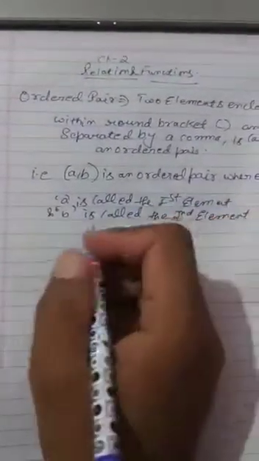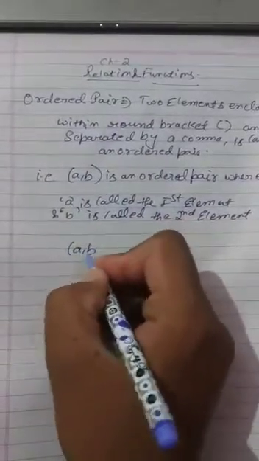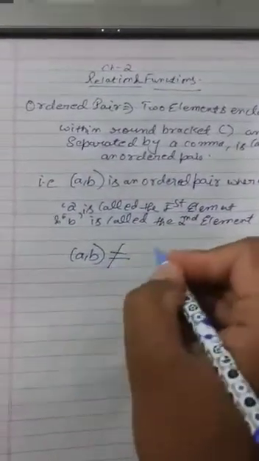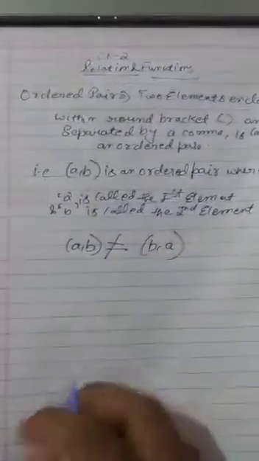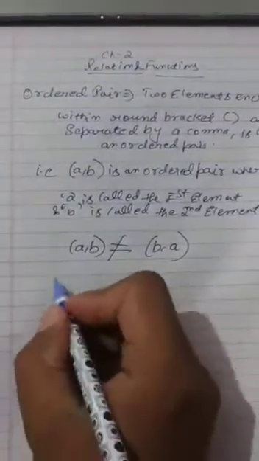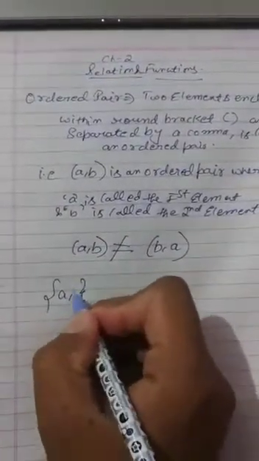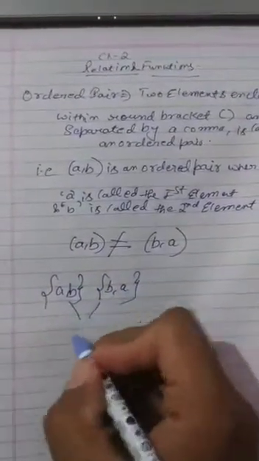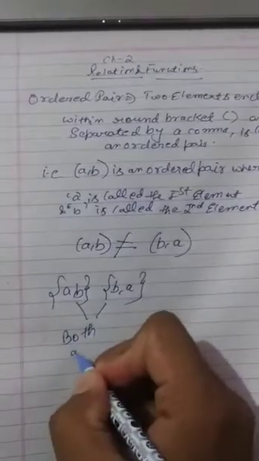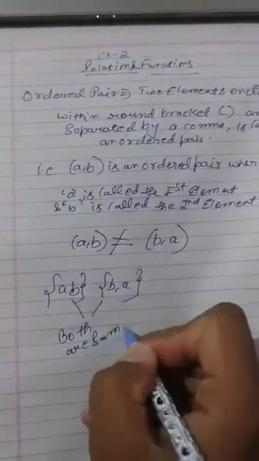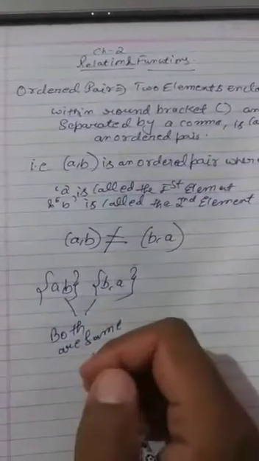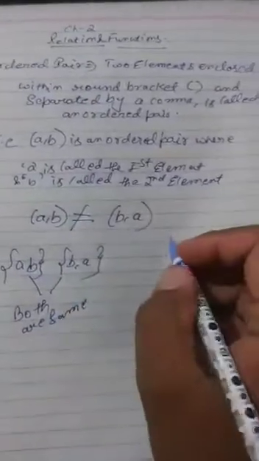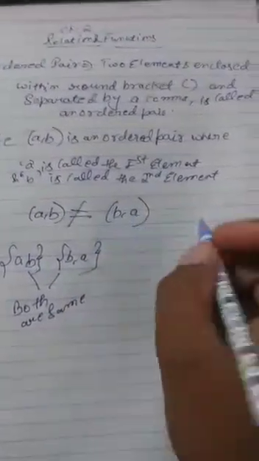Just see this: A comma B is not equal to B comma A. In the first chapter, A comma B in curly braces and B comma A in curly braces were both the same, because order doesn't matter in a set, but in a relation order matters.